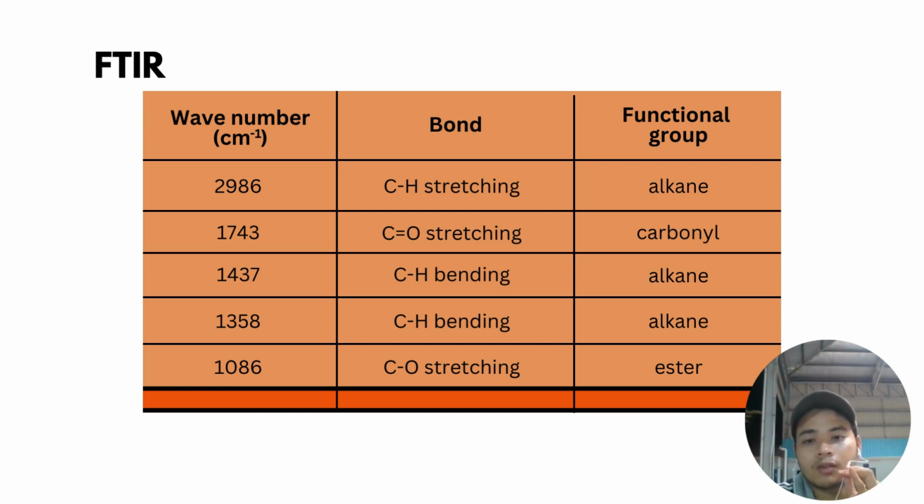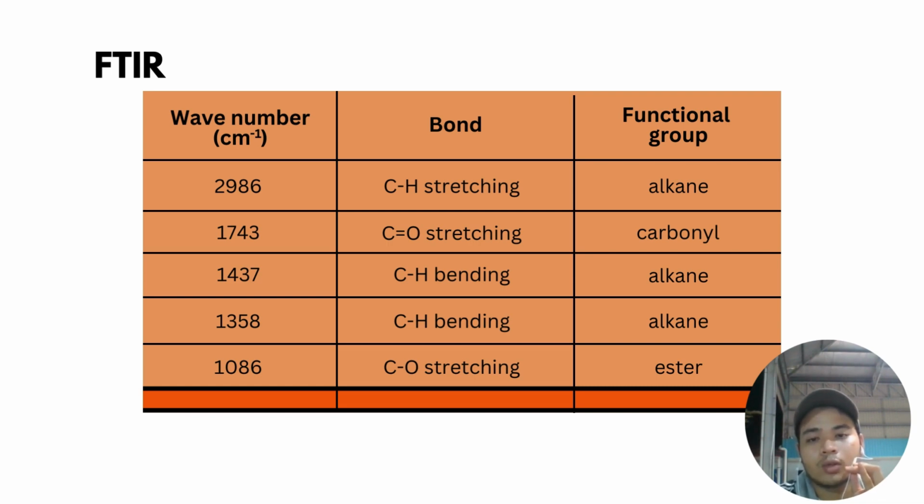From these 5 wave numbers, we have 3 wave numbers that have the same functional group, which is alkane, at wave numbers 2986, 1437, and 1358. From these 3, we have only one wave number that has CH stretching, which is 2986. The others are CH bending.